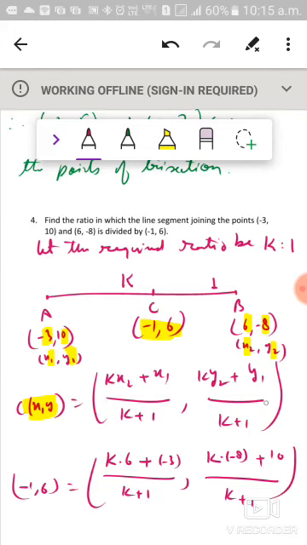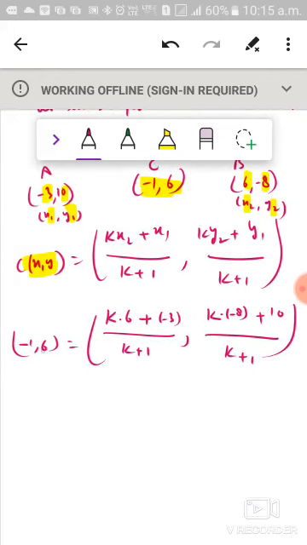Okay, now you see here this is x coordinate, and this is also x coordinate. So we'll compare x coordinate with x coordinate. You can compare y with y also.